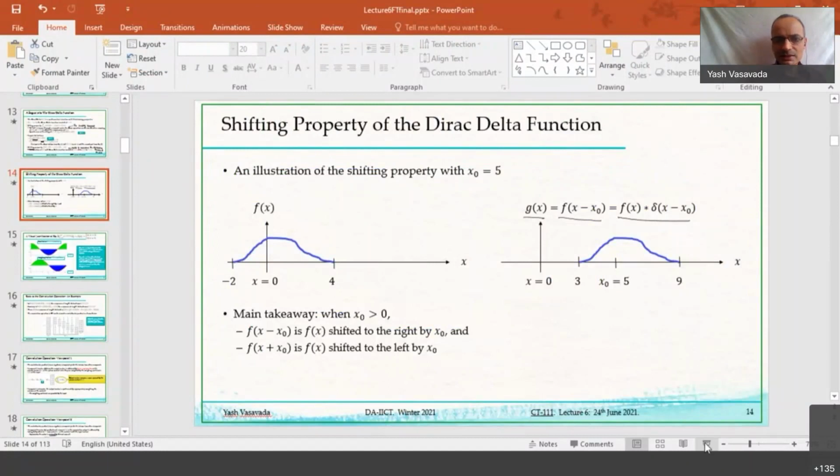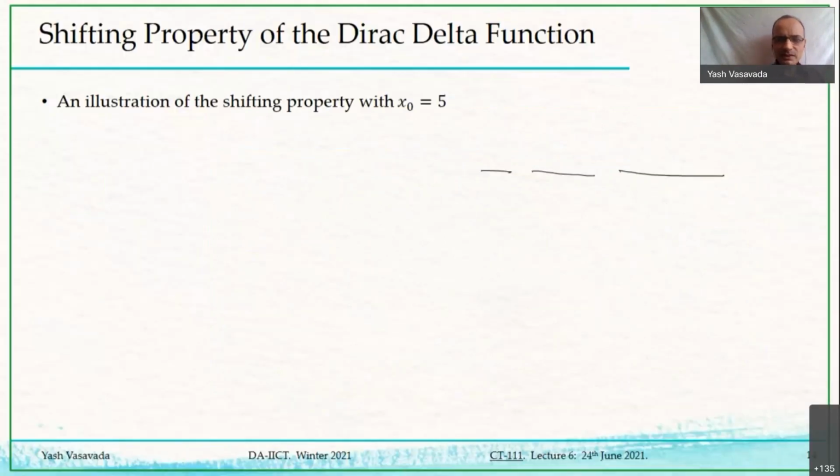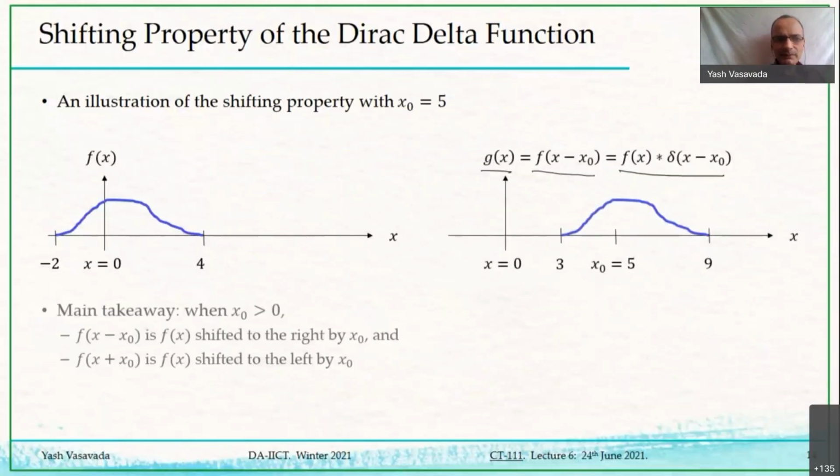Remember in this slide, slide number 14, from probably one of the first lectures on the Fourier transform topic, we had said that f of x minus x0 is f of x shifted to the right by x0. F of x plus x0 is shifted to the left by x0.